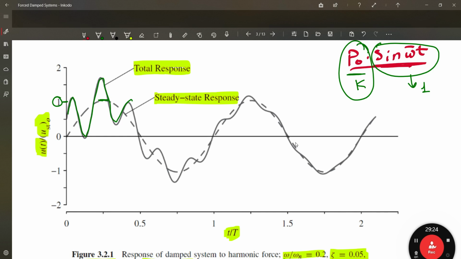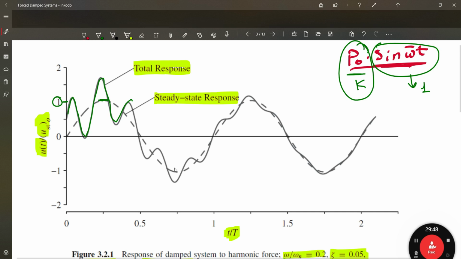In the transient state, the transient response will decay with time, and the steady state remains. If you look here, you find this kind of zigzag going up and down.